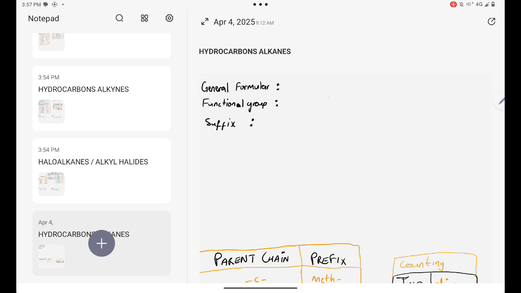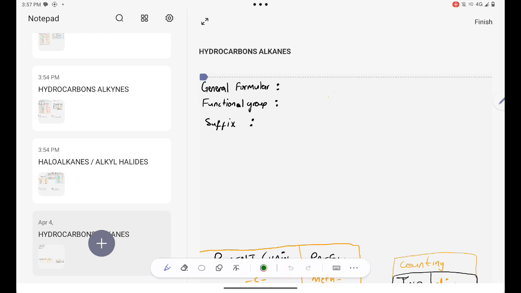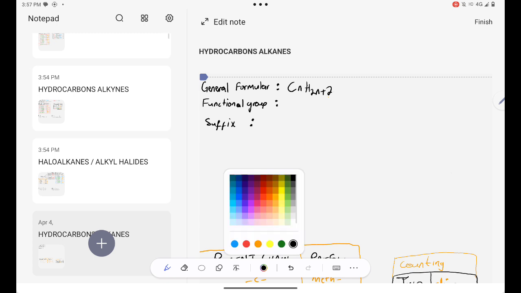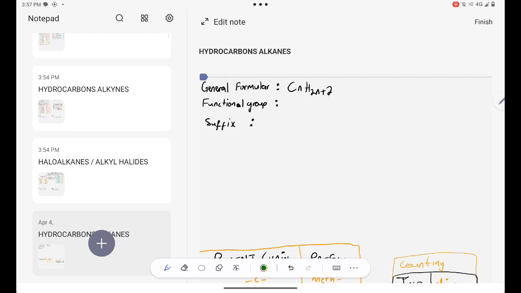The basic thing you need to know about alkanes is that their general formula is simply CnH2n+2. You will be able to spot alkanes because the functional group has single bonds between adjacent carbons.